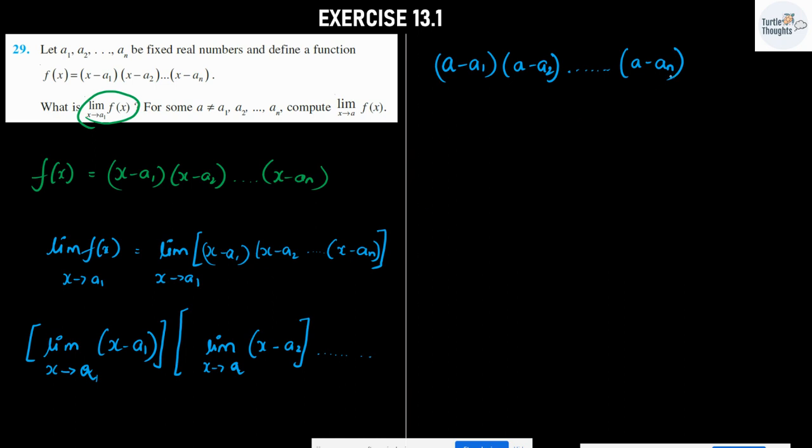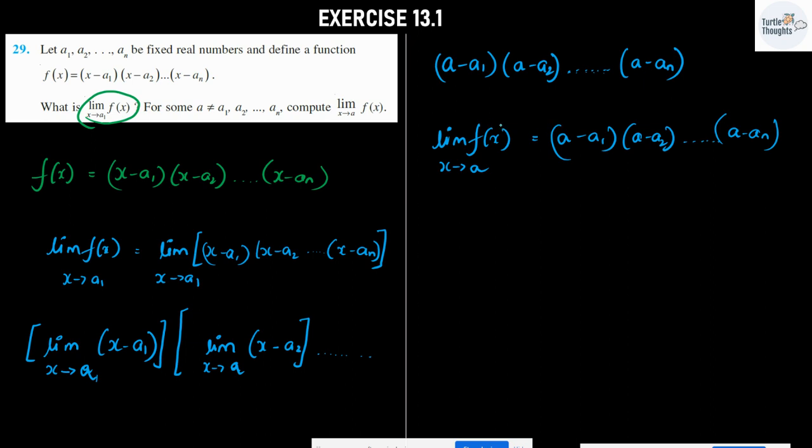What we have done till now is correct. Now the limit of f of x as x tends to a is going to be a minus a1 multiplied by a minus a2 ... a minus an. I'm just substituting the value of a in place of x for all the terms.